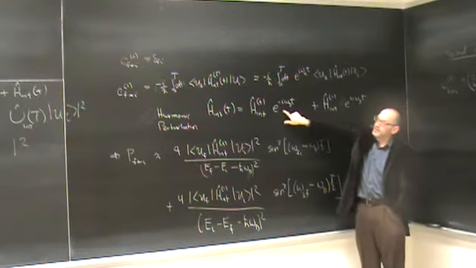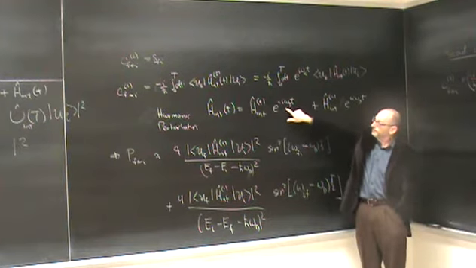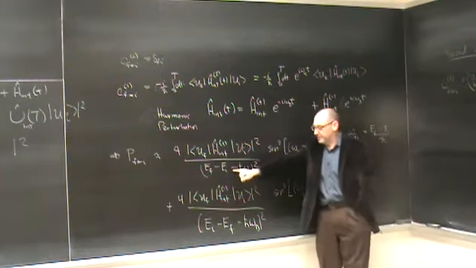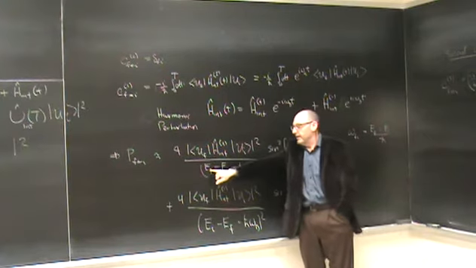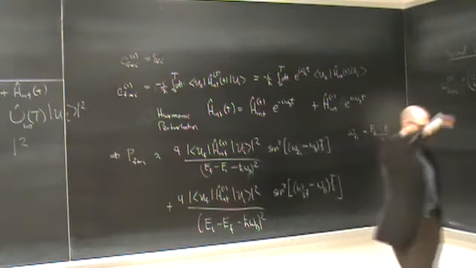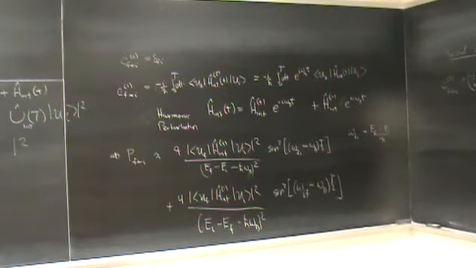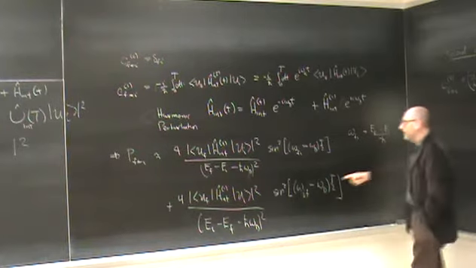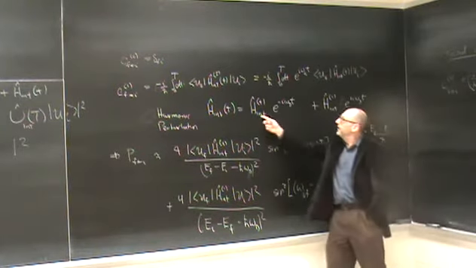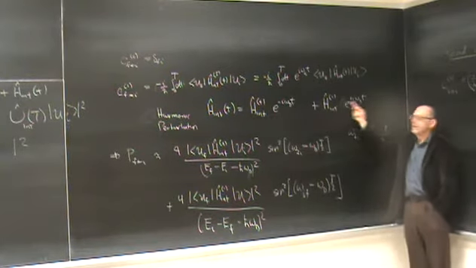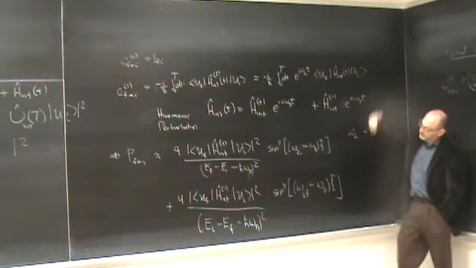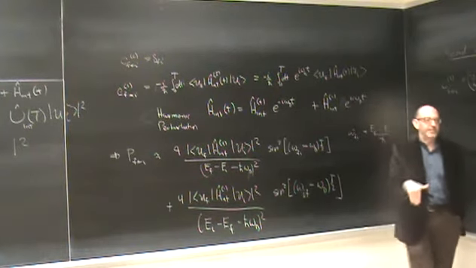Okay? And what we saw here is that this term, which we call the positive frequency component, was associated with absorption, that is to say, situations where the final state has a higher energy than the initial state. Okay, so we're absorbing energy. And this term associated with the negative frequency component is associated with stimulated emission.